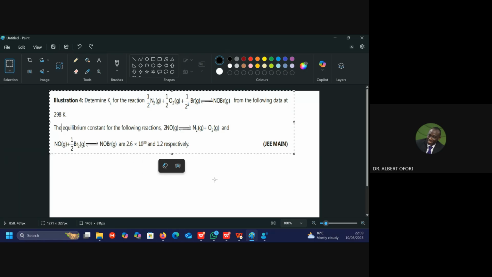Please tell me what the plan is. How do we plan this question? K1 is 2.6 times 10 to the power 30 for the first equation, and K2 is 1.2 for this second equation. So how do I get the Kc for this reaction? What do I do?